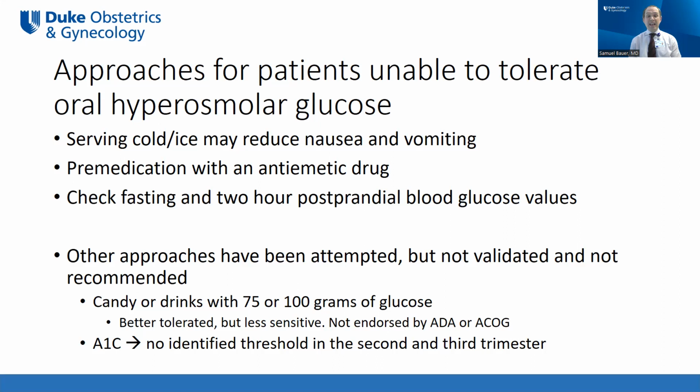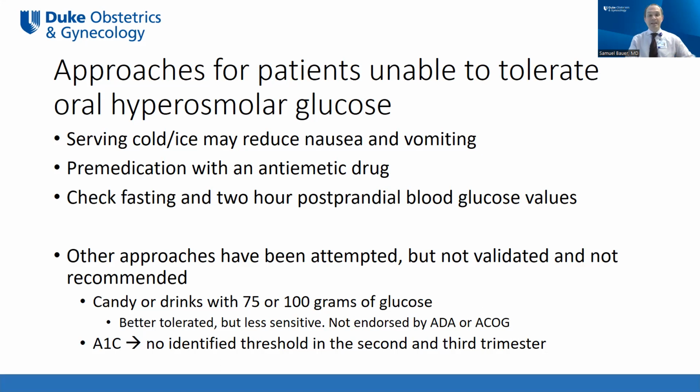In addition, pre-medicating patients prior to the test. If patients are at increased risk for dumping syndrome or really are not able to tolerate the testing, you can get a glucometer, do fasting and 2 hours postprandial after breakfast, lunch, and dinner for a week, look at the values and make the diagnosis that way.